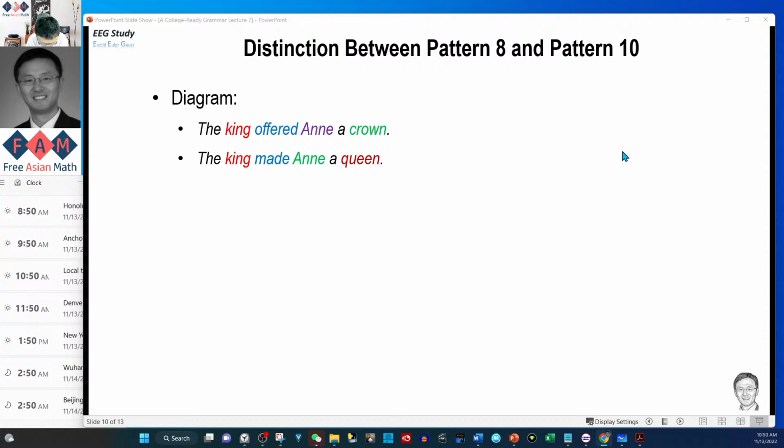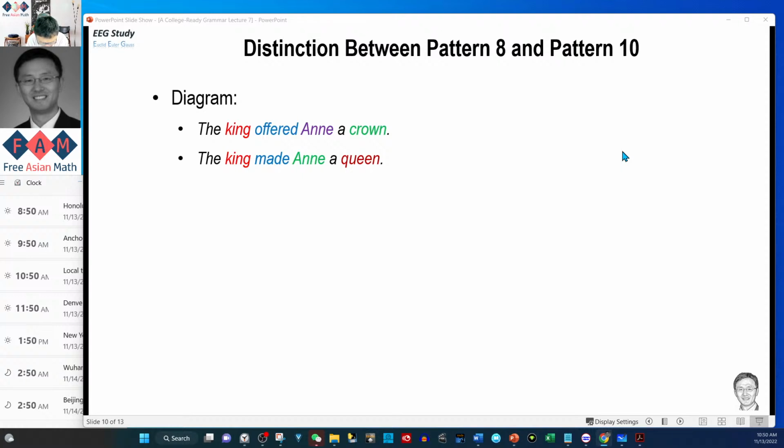And in this case, what is the object? Cannot be queen. Queen cannot be made. You cannot say the king made the queen for or to Anne. So queen is Anne, Anne is queen. Therefore, Anne is the direct object here. Anne is the recipient of this action, making.